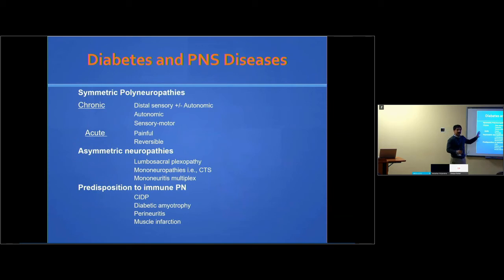So usually you want to screen them for it. In diabetic patients, mononeuropathies are more common than in the average population, and it predisposes you to other types of neuropathies.